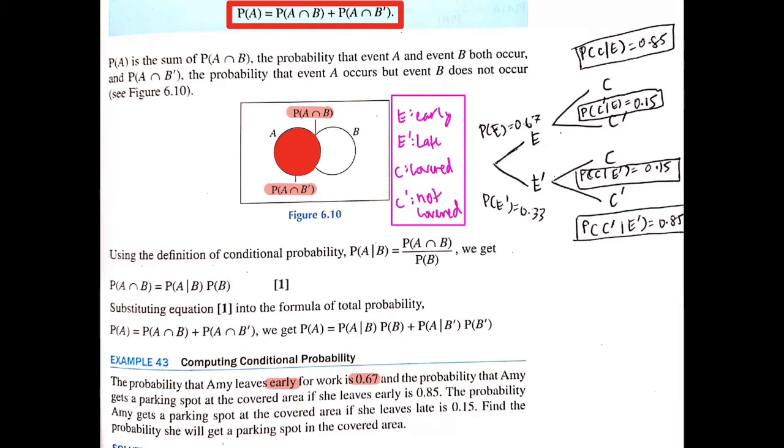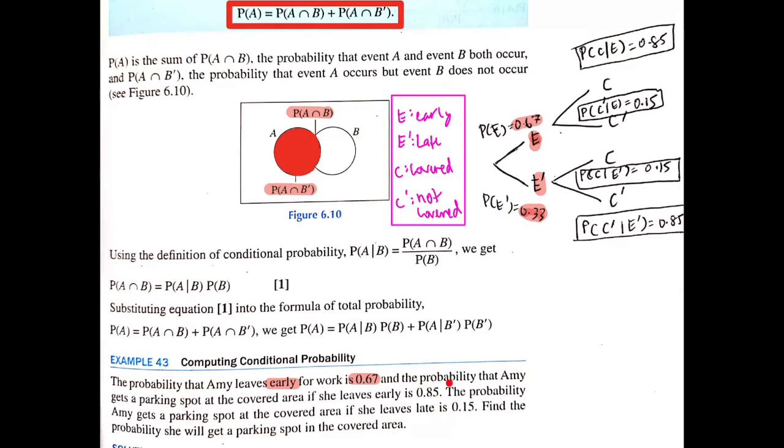This is the first part of the tree diagram, where we cover Amy is early and Amy is late. Let's denote E as early, E prime as late. The probability Amy will be early is 0.67, so the complement, 1 minus 0.67, is 0.33. Therefore, the probability Amy will be late is 0.33.